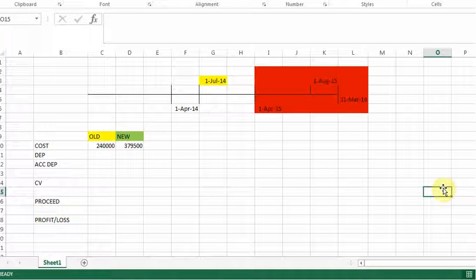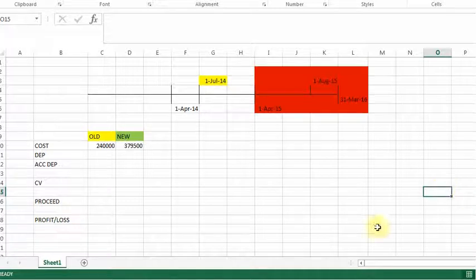Now we have to go and count, right? The old vehicle, we already had it in previous financial years, but it was sold on 1 February 2016.